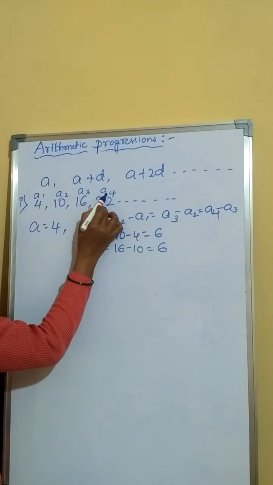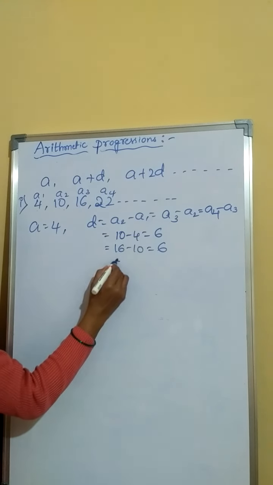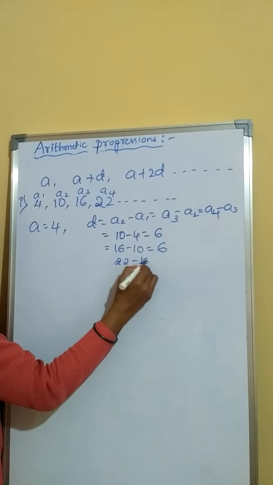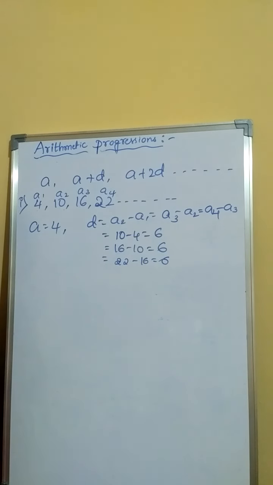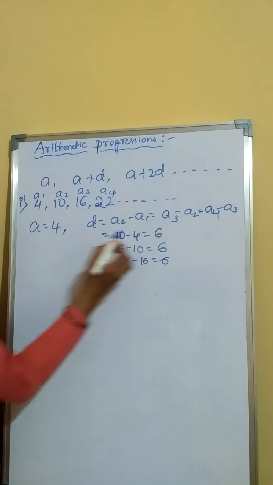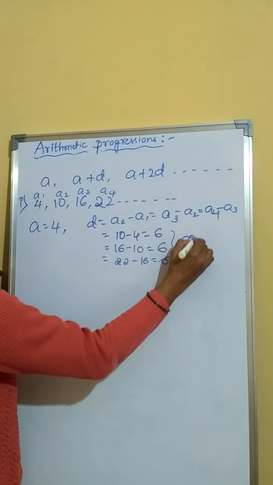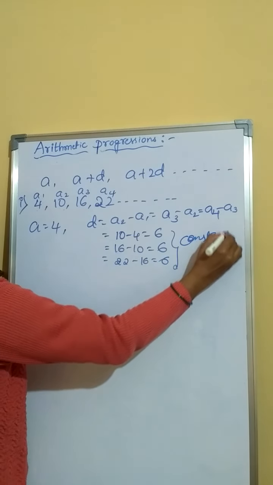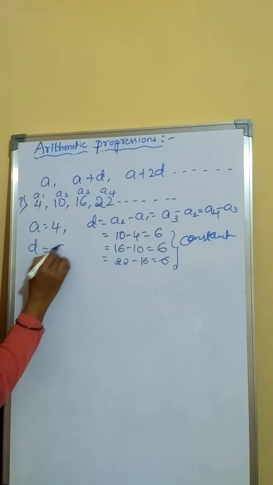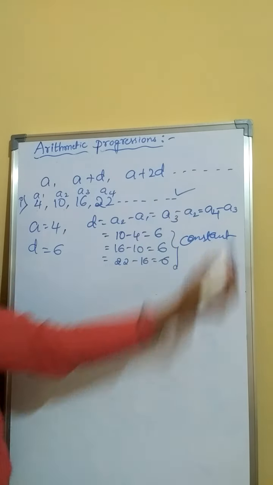Now, again A4 minus A3, 22 minus 16, here also the difference is 6. So students, we can say in each step D is constant. So now the given list of numbers are in AP.